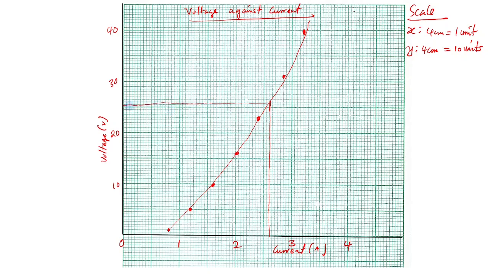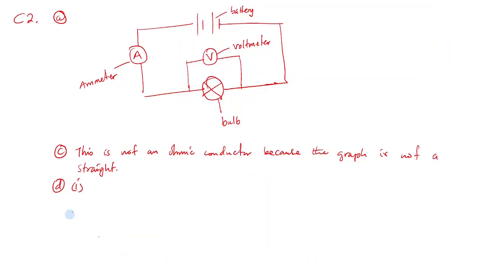Mine is not straight, so where it touches, if this is 20, this should be 25, then that should be 26. So there you are going to find that here the voltage is going to be 26 volts when current is equal to 2.6 amps.